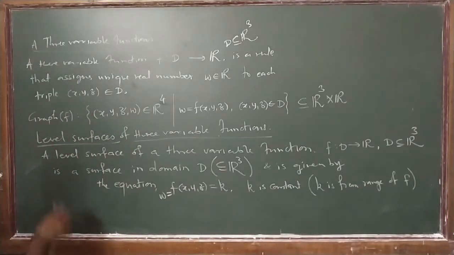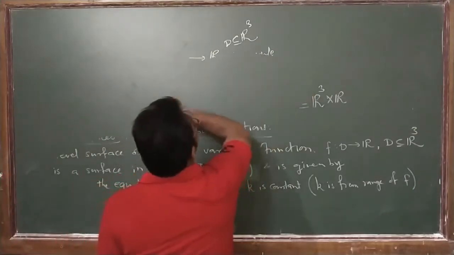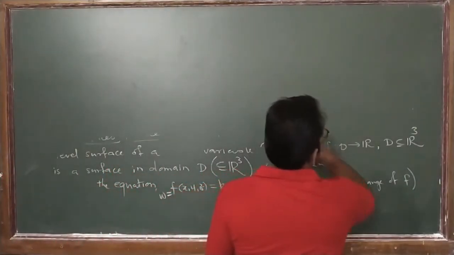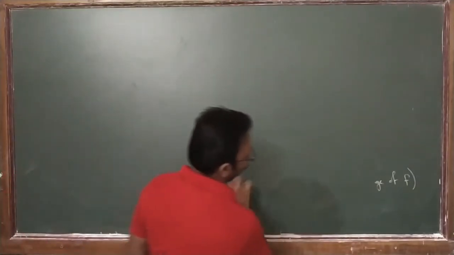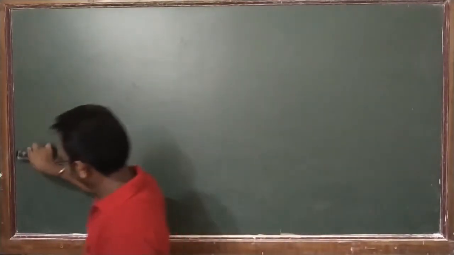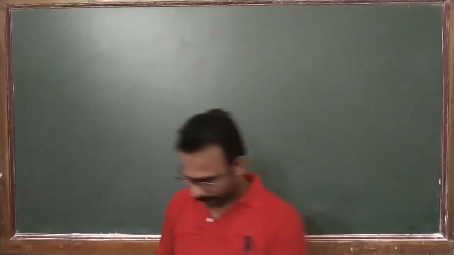So let us see some examples to find the domain and the level surfaces of three variable functions. Example 1: find the domain.